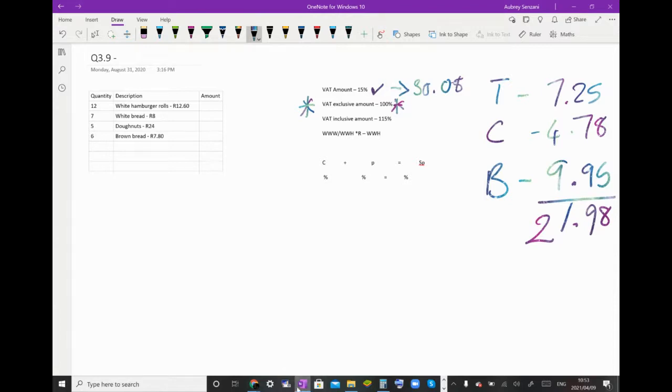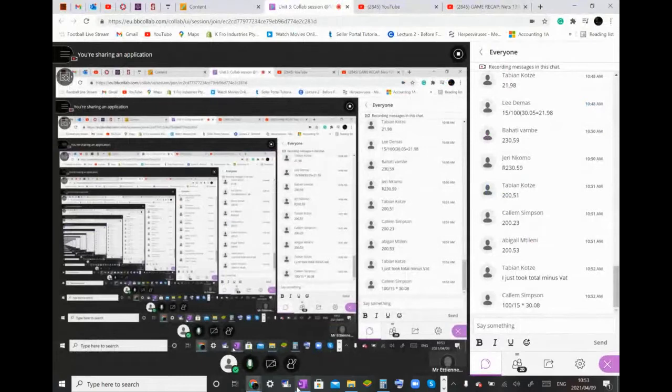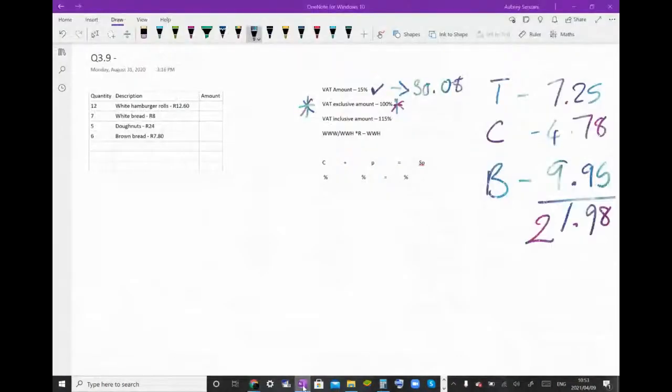That's how we need to do it. We need to say, what do I want? And what we want is that exclusive amount. So we then say 100 divided by what do I have?